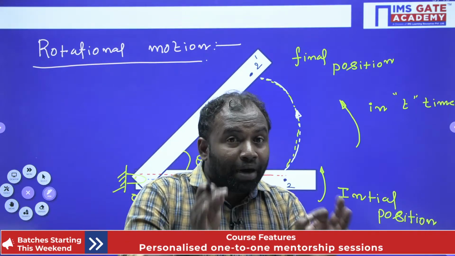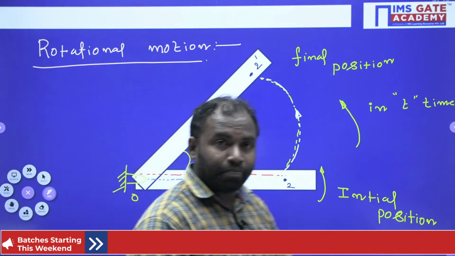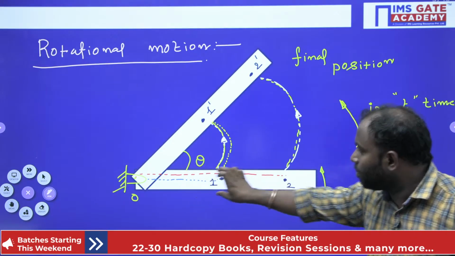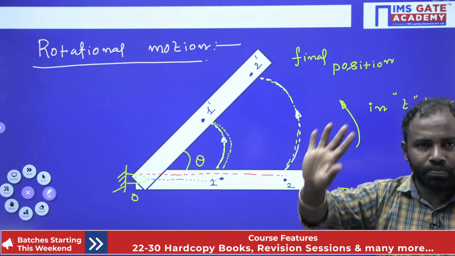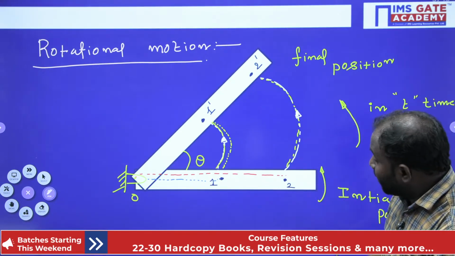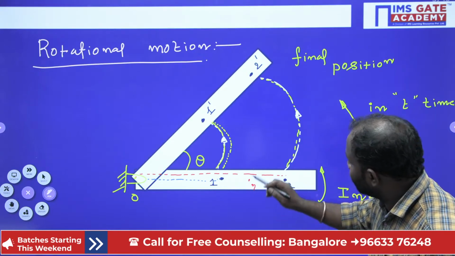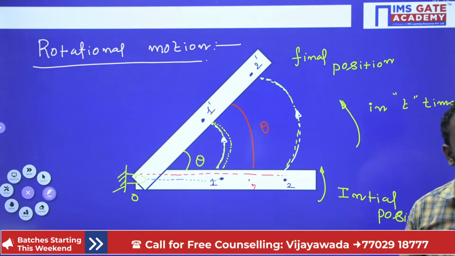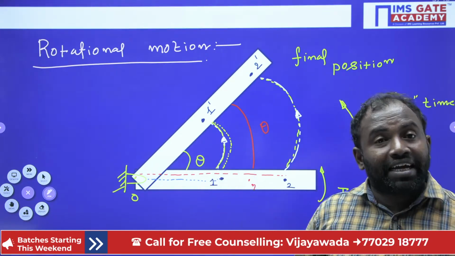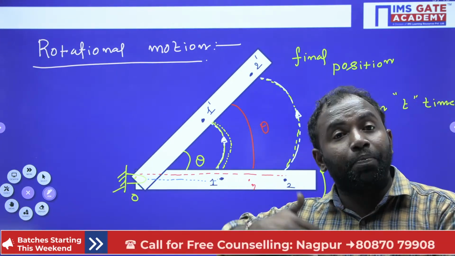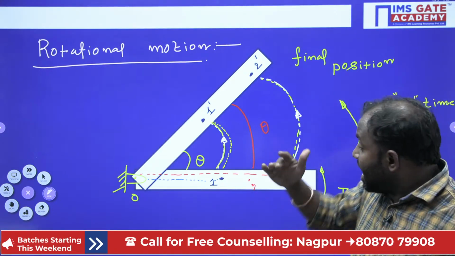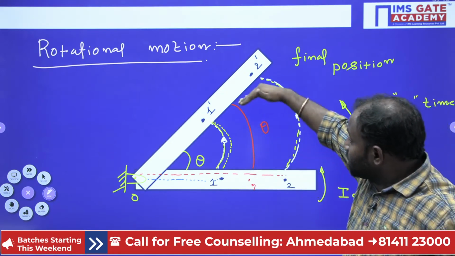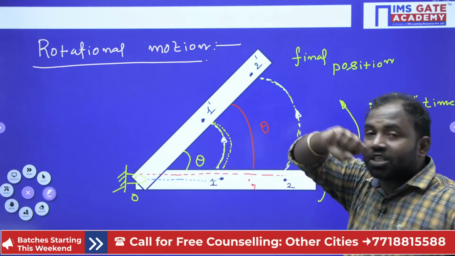But here you need to observe one thing. For every particle, here in the body I have considered particle 1 and particle 2. If I consider any particle 3 here, then for 3 also theta is the same, isn't it, right? What I am trying to explain here is that every particle in the body, when it is in pure rotation, has the same angular displacement theta, but the linear displacement is different.